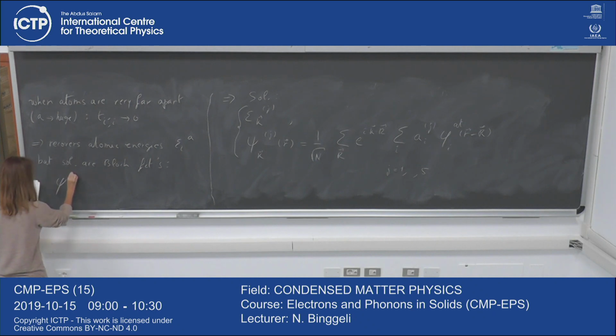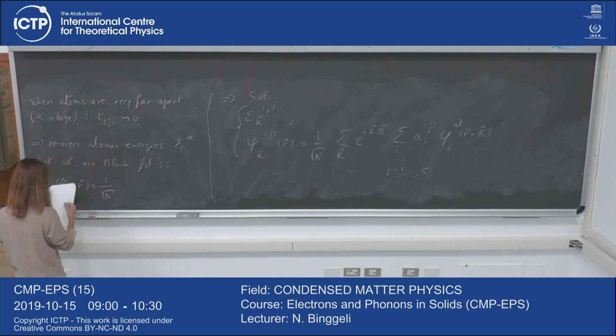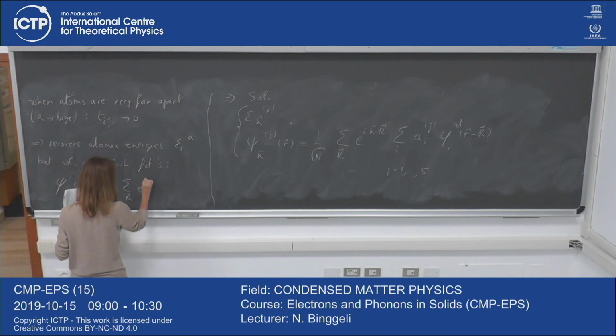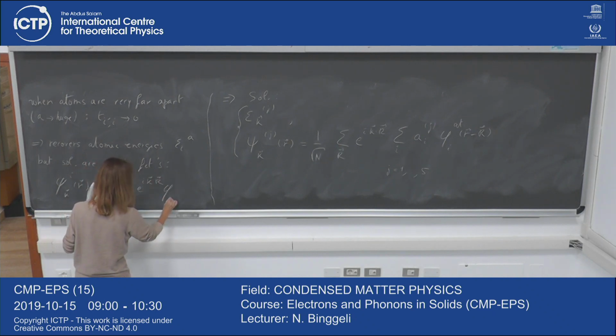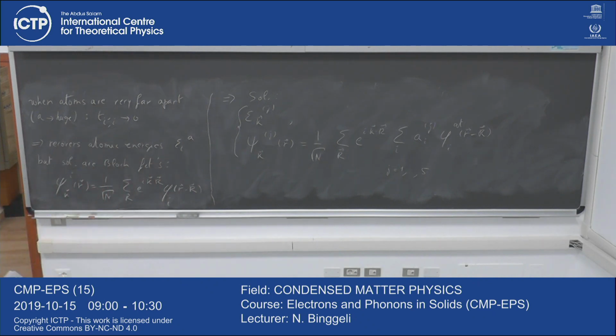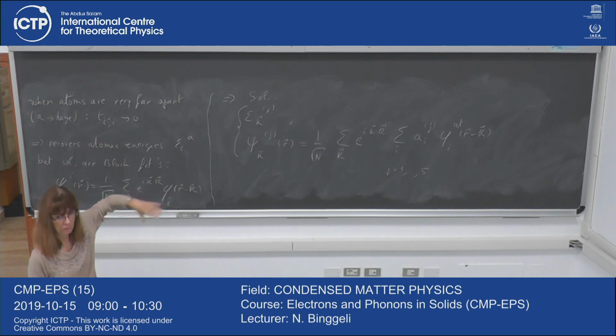psi k of r will be 1 over the square root of N, sum over R, exponential i k R, the atomic function phi i of r minus capital R. That is, the state will be a superposition of the same atomic state, but on different sites.